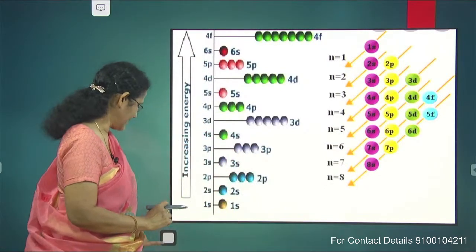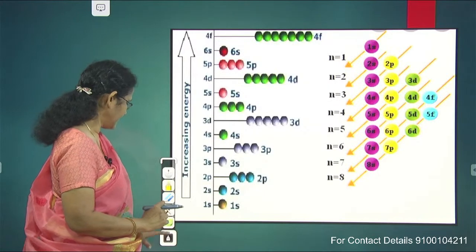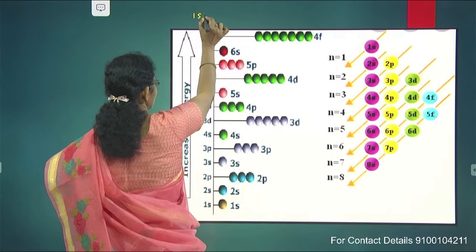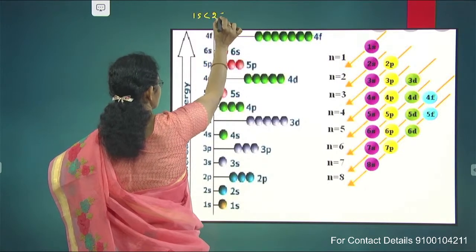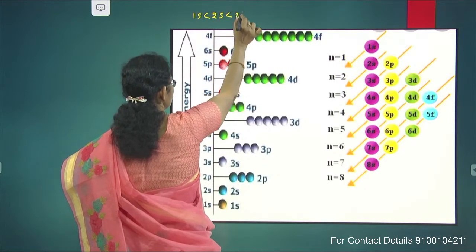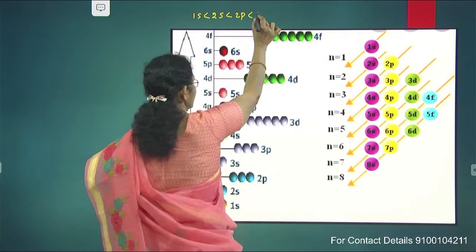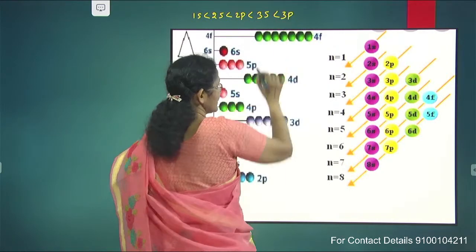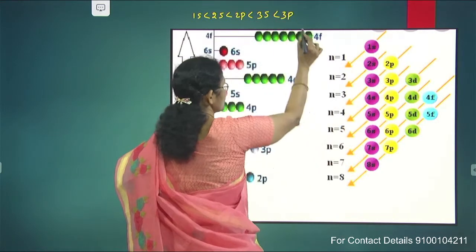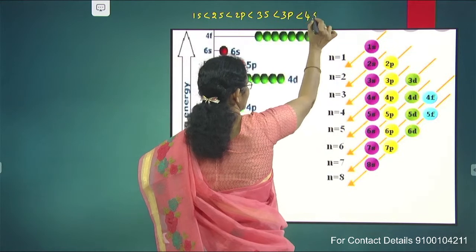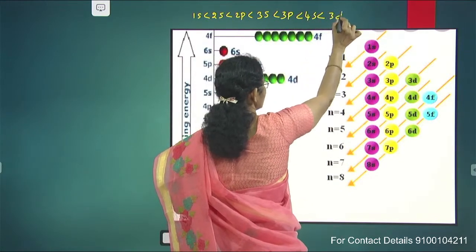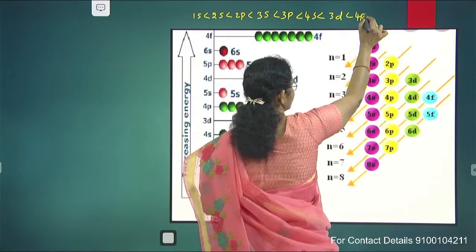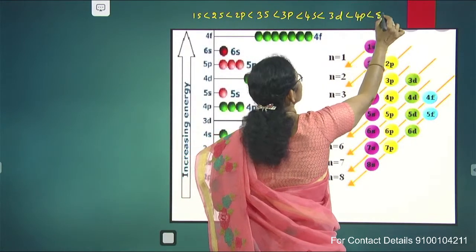If you see the energy order for various orbitals, 1s is less in energy than 2s, less than 2p, less than 3s, less than 3p. After 3p, electrons move to 4s. Afterwards, electrons move to the 3d level, after 3d, 4p, then 5s.